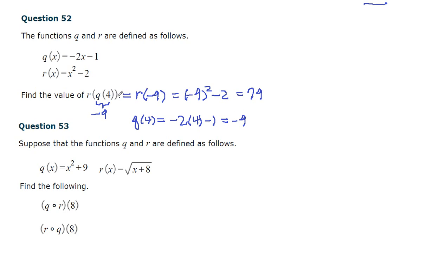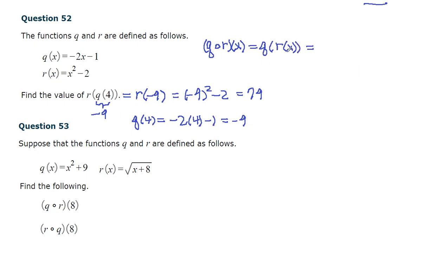They could also ask you to do just like the composition of the two functions. So that would be something like this. Q circle r of x, which is q of r of x.